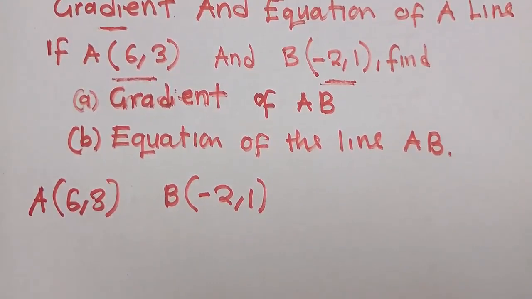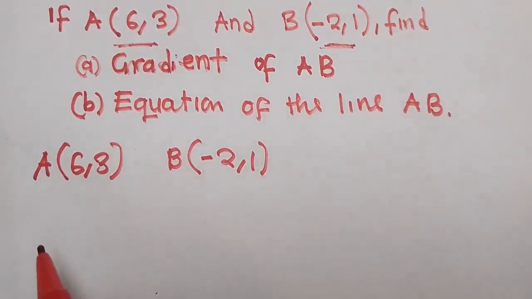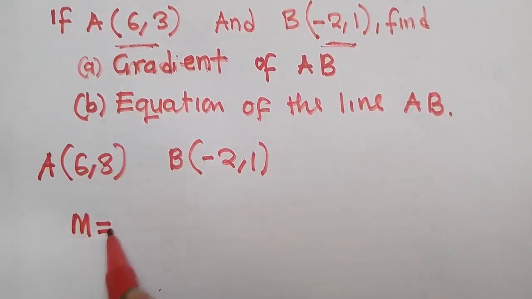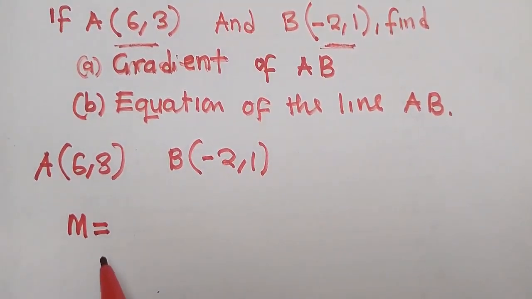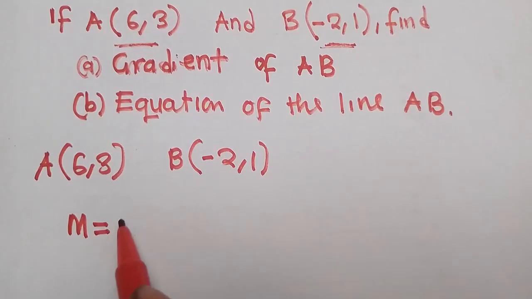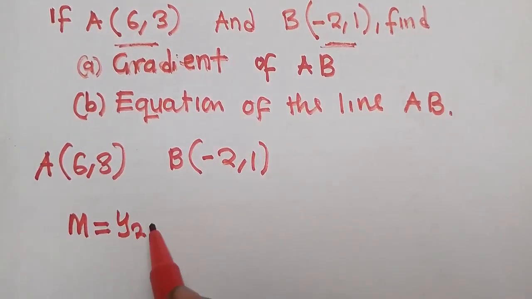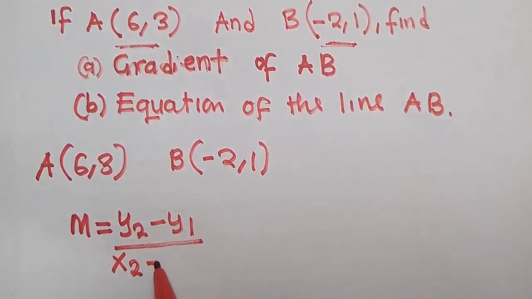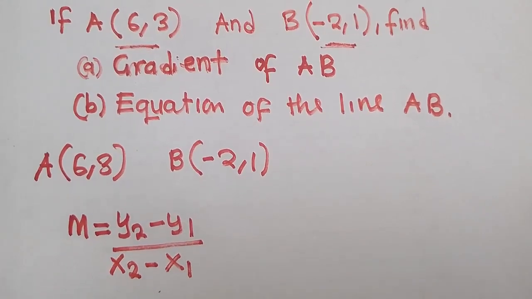After reaching here, you need to know the formula. The symbol for gradient is M. Under coordinate geometry, whenever you see M, just know that it is the gradient. So gradient is y2 minus y1 over x2 minus x1.